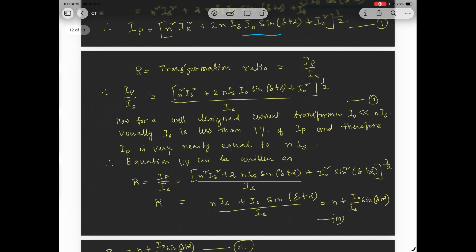Now transformation ratio is equal to IP by IS. So I will divide this equation 1 by IS. Now for a well designed current transformer, I0 is very less compared to NIS. Usually I0 is less than 1% of IP and therefore IP is very nearly equal to NIS.